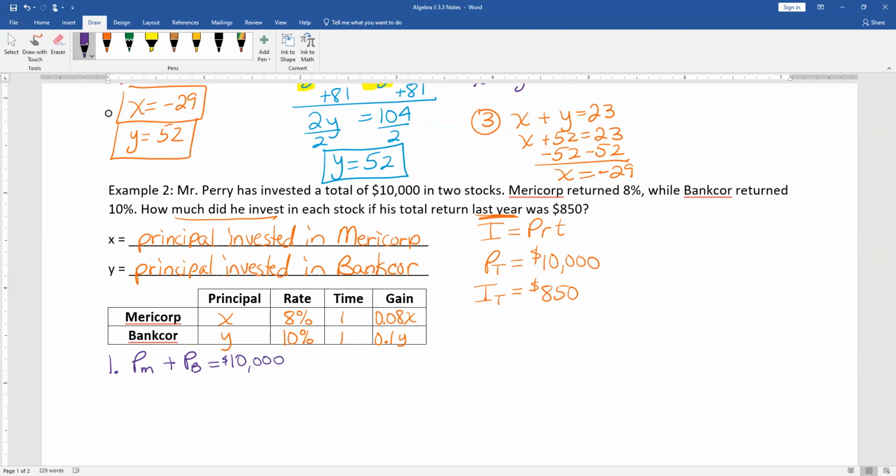So we know that we have an equation there of x plus y equals 10,000. That's the first equation in our system of equations. I'm just going to highlight it so I can find it.